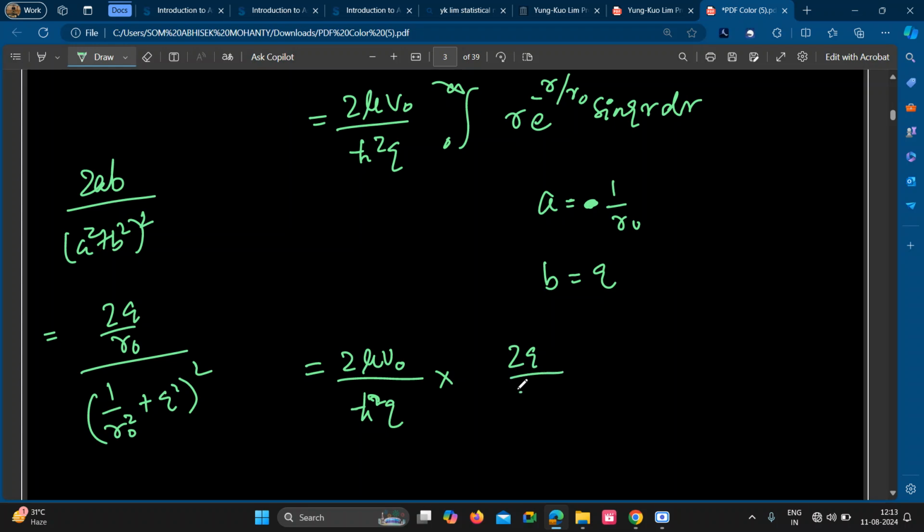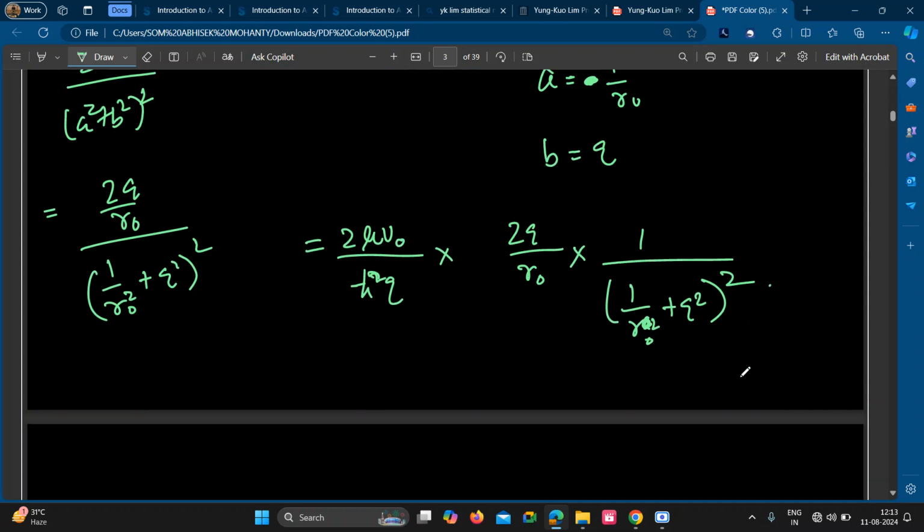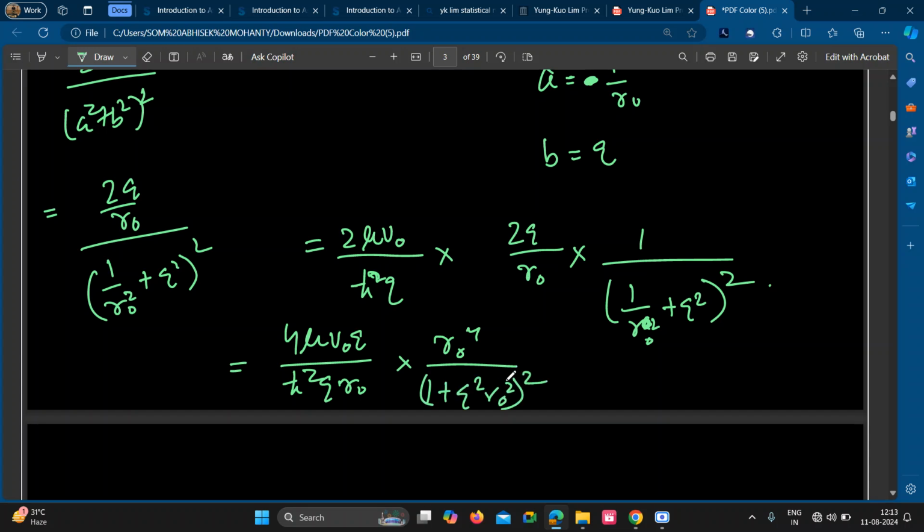Let me write it this way: r naught squared can go up, and we can do one more step here. 4 mu V naught q by h squared q r naught into r naught fourth divided by (1 plus q squared r naught squared) whole squared. So I can cancel the 1 r naught here. That will be the expression.